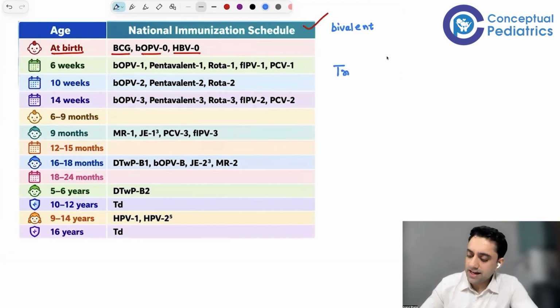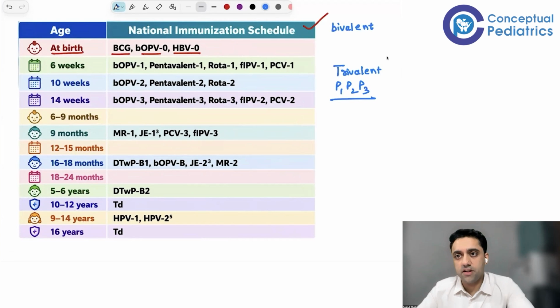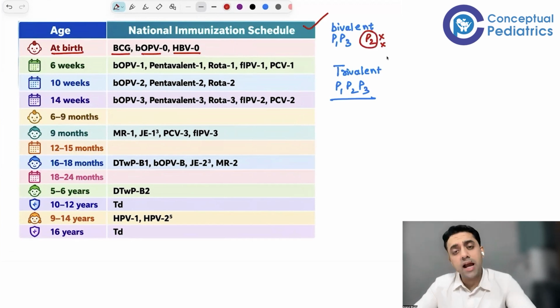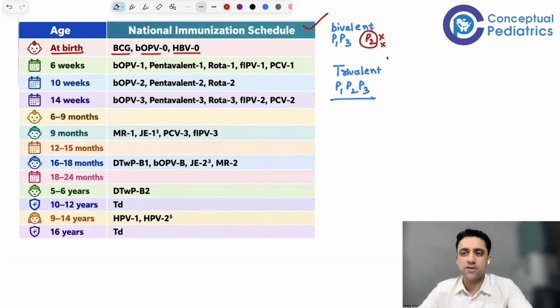Previously, we were using trivalent oral polio vaccine, which has three components P1, P2, and P3. In bivalent oral polio vaccine, only two components are there, P1 and P3, and the P2 component was removed because it was interfering in the immune response and the immunity.